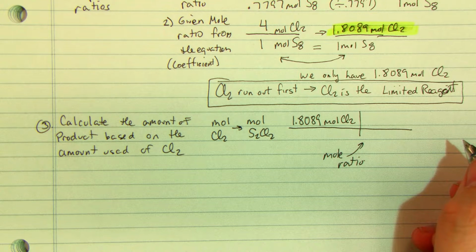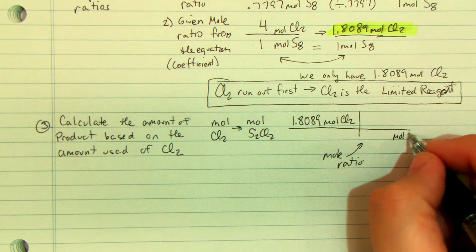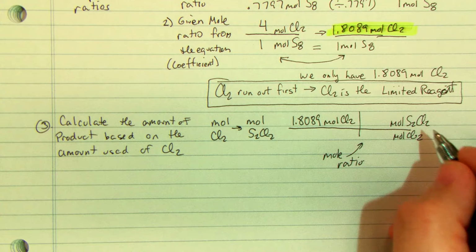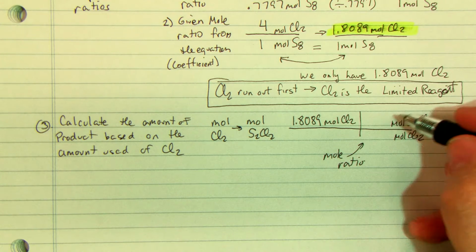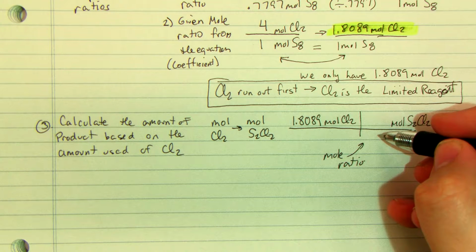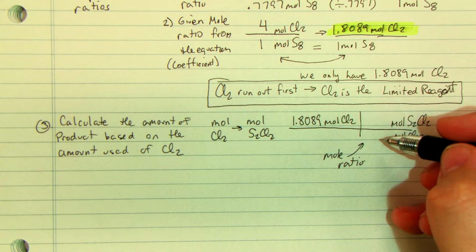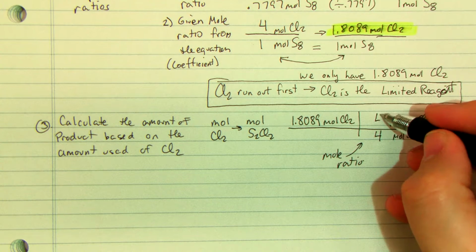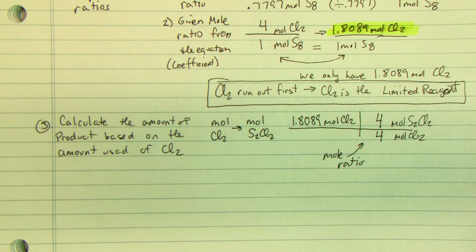So I need moles of Cl2 and moles of S2Cl2. What are my coefficients? Look at the equation. It's 4 and 4. Because remember, it was one sulfur plus 4 chlorines is going to yield 4 disulfur dichlorides. So it's 4 to 4.